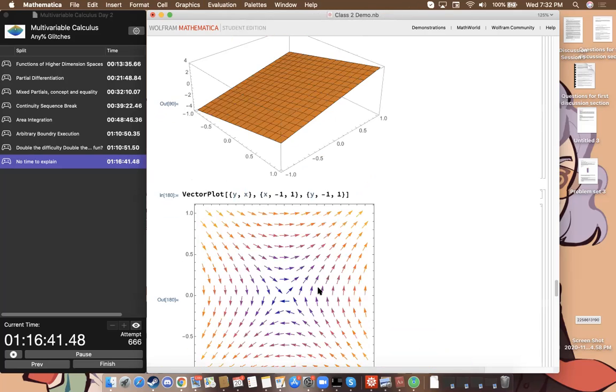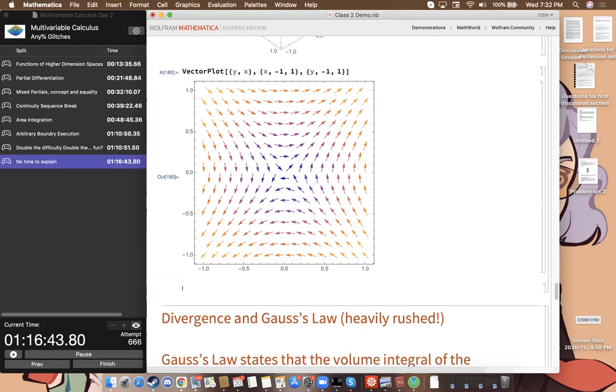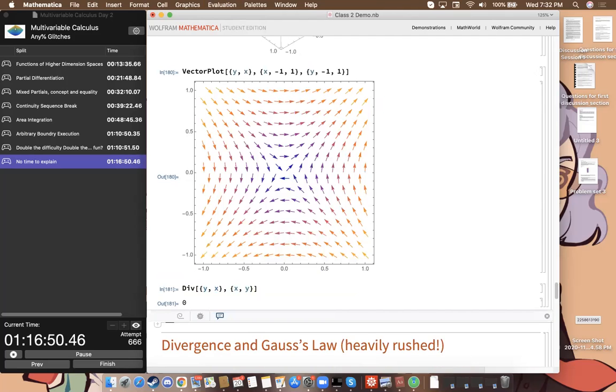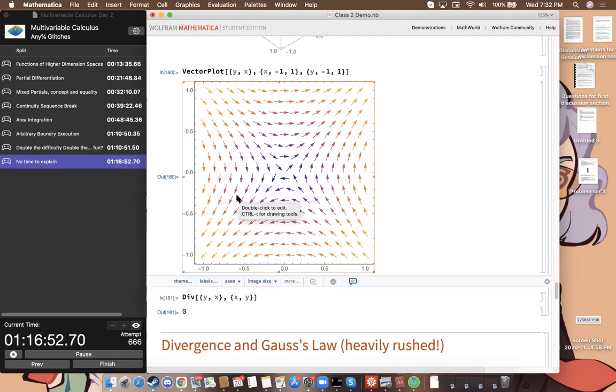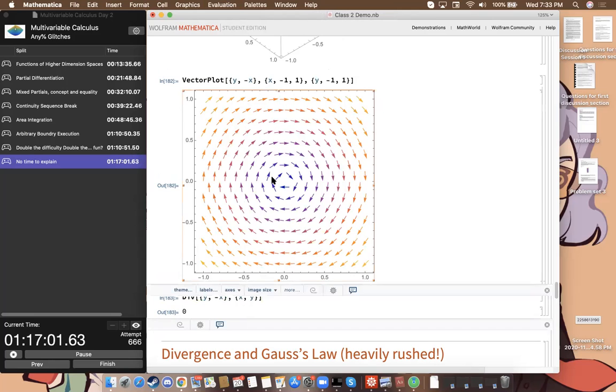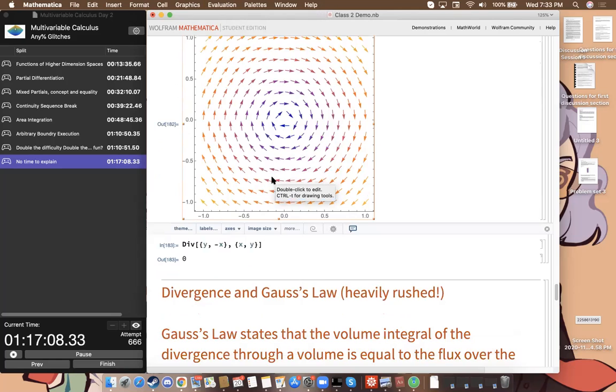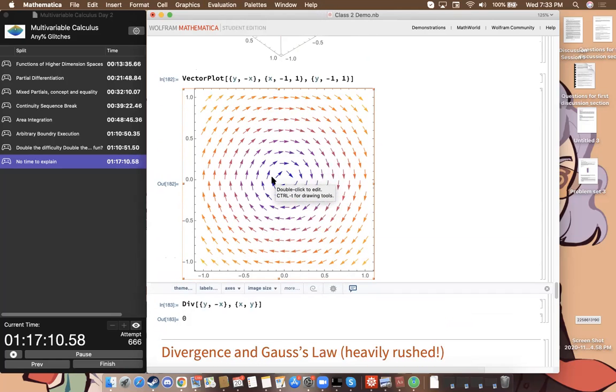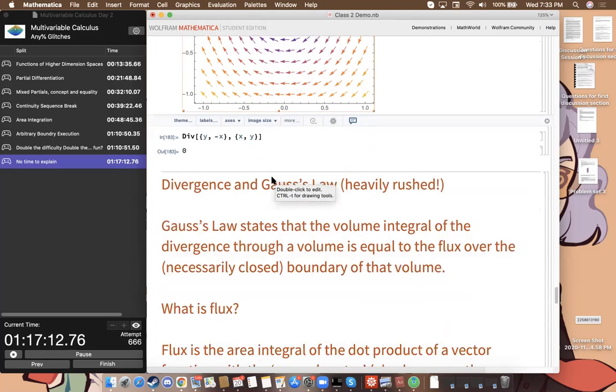So this produces something with a 0 divergence. And indeed, if we take div of y, x, we get 0. And so this doesn't really explode from anywhere. It sort of swirls, even more obviously circular if we put the minus in on x. So it's like swirling around a point, but it's never leaving or entering a point. It's just moving in a pattern that doesn't really explode out or collapse into any points.